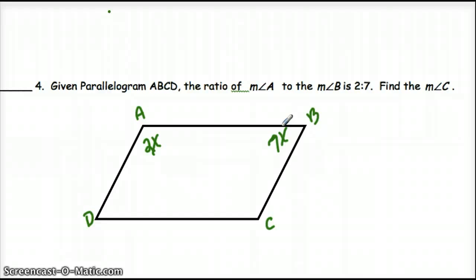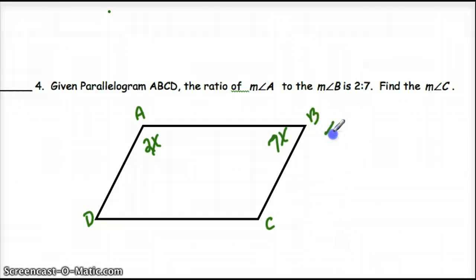Okay, we have angles again. So you go to your properties and look at your angle properties. There's only 2 of them. So are these opposite angles or consecutive angles? Well, they're consecutive angles. The sum of consecutive angles is 180. They're supplementary.